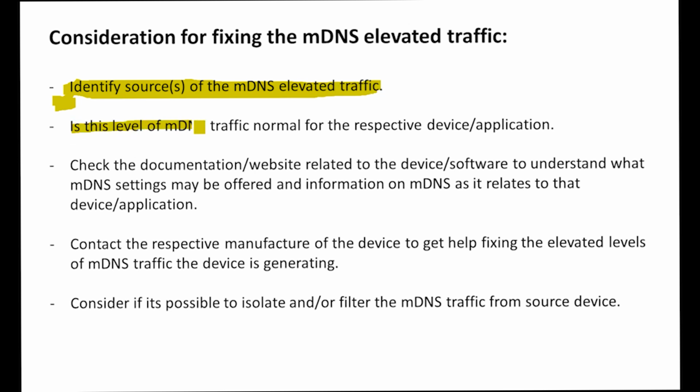And basically, for the normal traffic for the respective device / application, you would want to check documentation, the website that's related to the device and or software to see if there's any comments regarding mDNS settings, that the drivers, the software, the device itself, let's say it's not a PC, but it's some type of barcode scanning device or barcode printing device or something that's a back office type of device, and seeing if there is anything maybe that's a misconfiguration, older drivers, application.